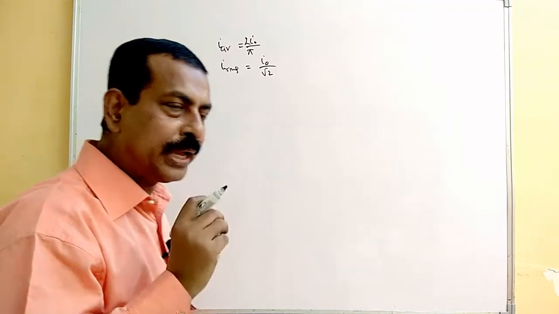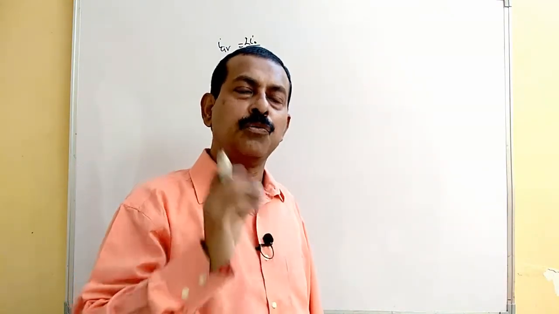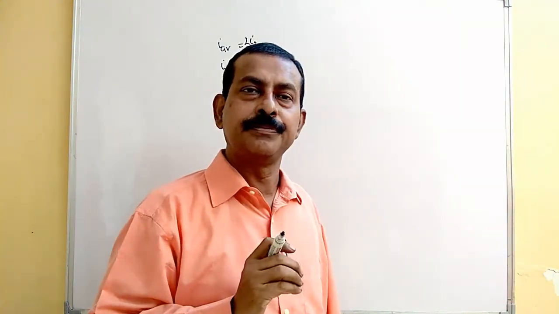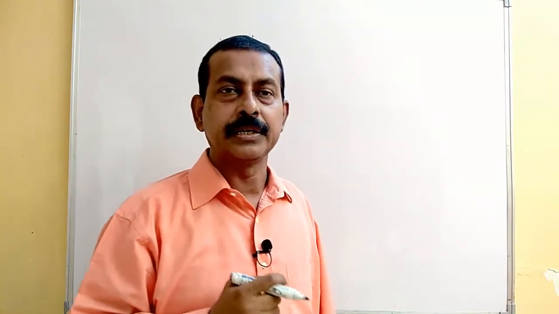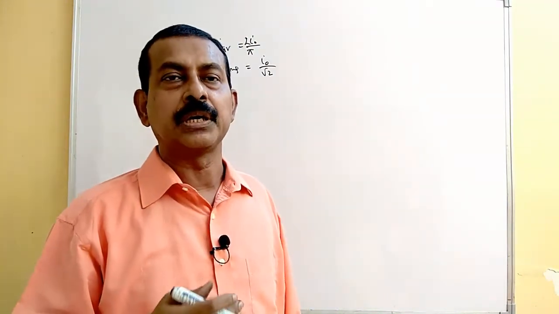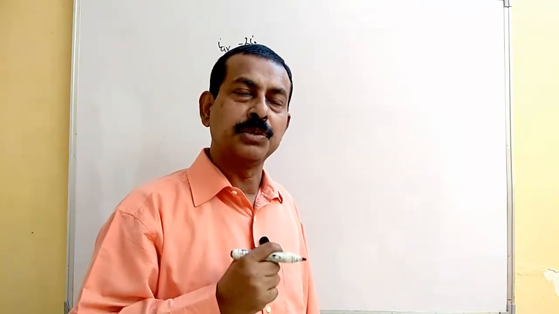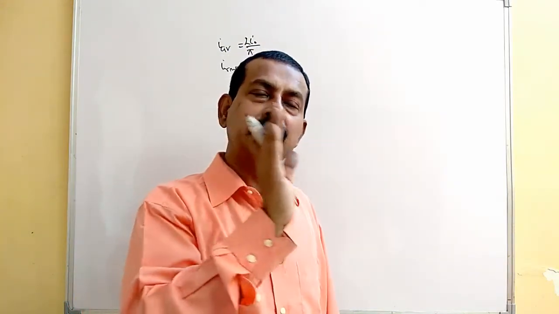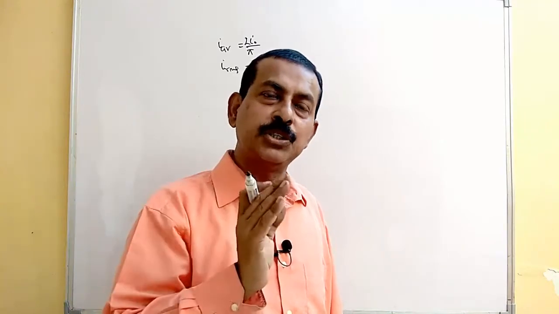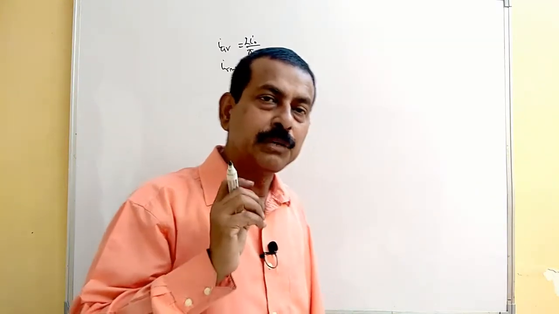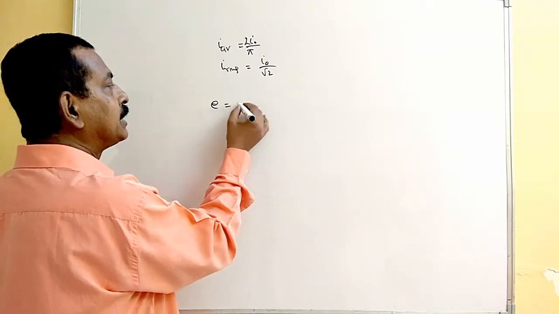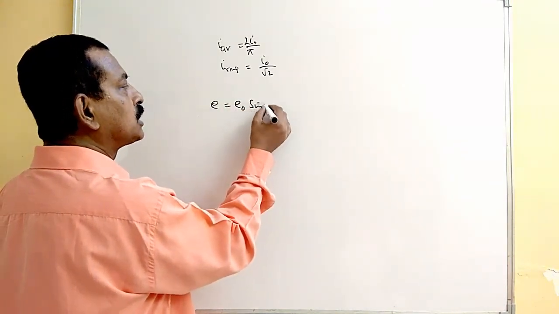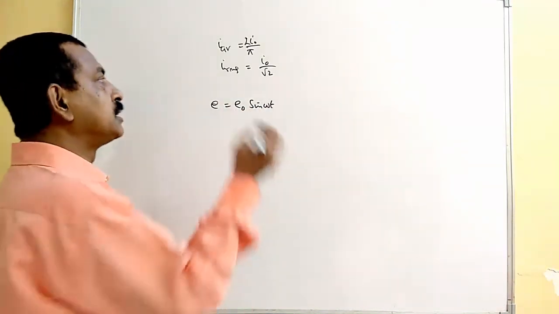The way we have defined it for alternating current, that is the average alternating current and root mean square value of the current, in the same way we can define it for the voltage also. Like if it is the instantaneous voltage, we can write it as E equals E naught sine omega t. This is the alternating voltage.